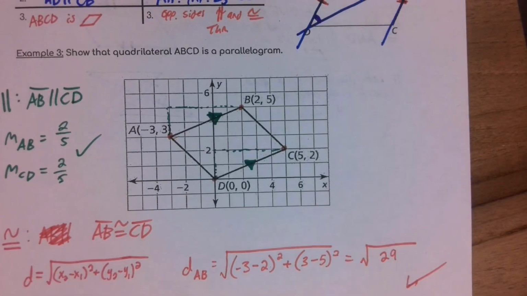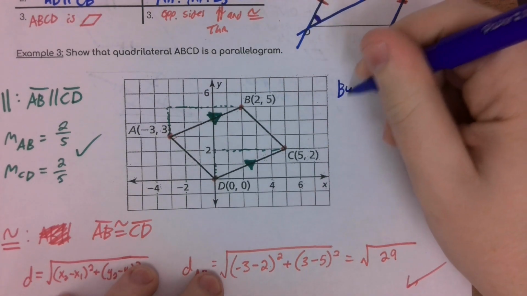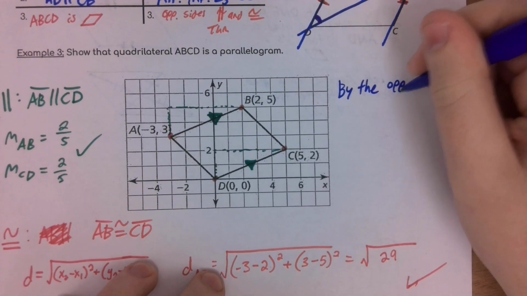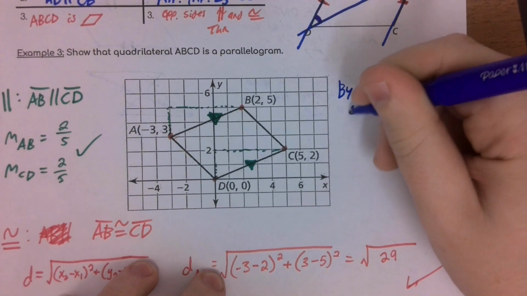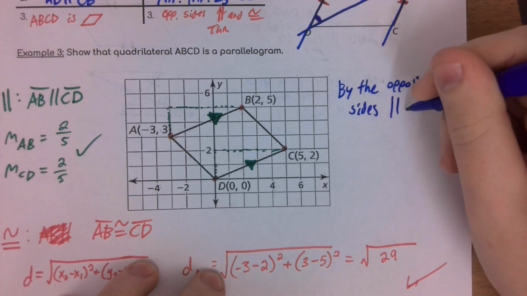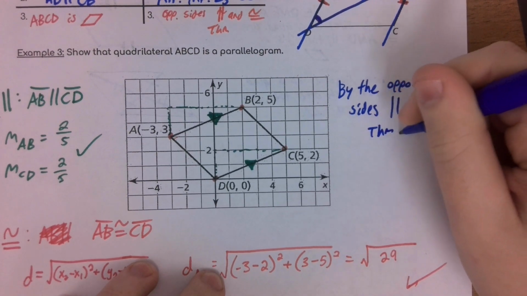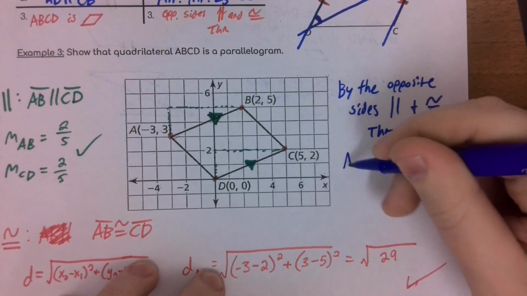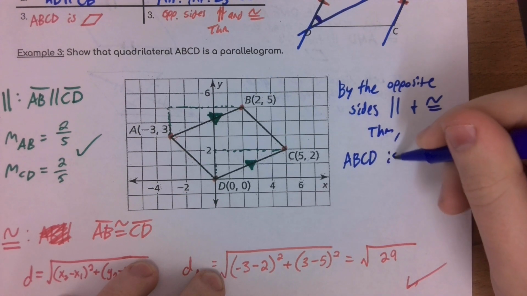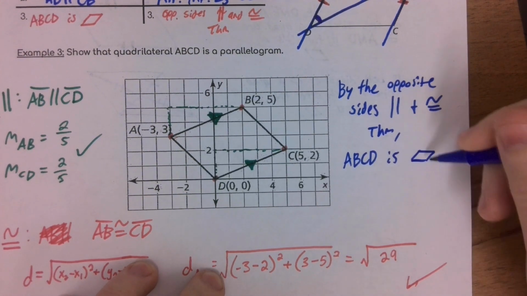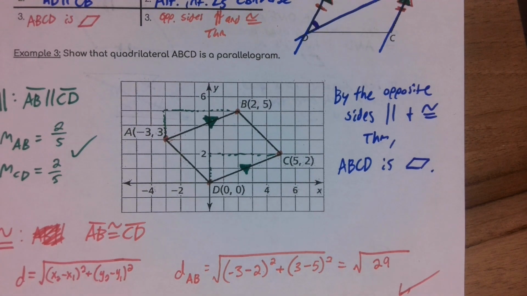So we can say, as our final answer, by the opposite sides parallel and congruent theorem, ABCD is a parallelogram. Done.